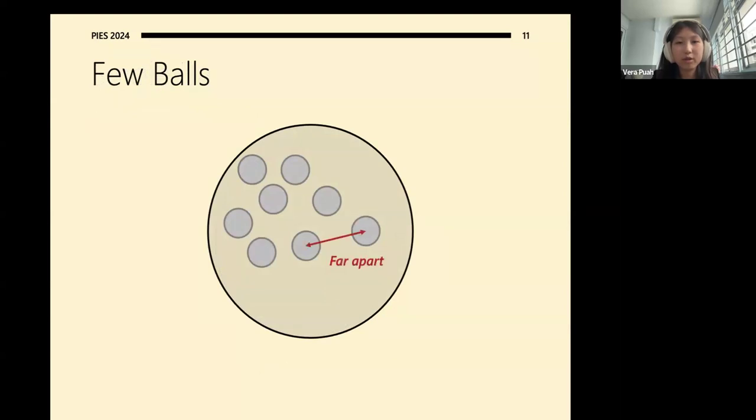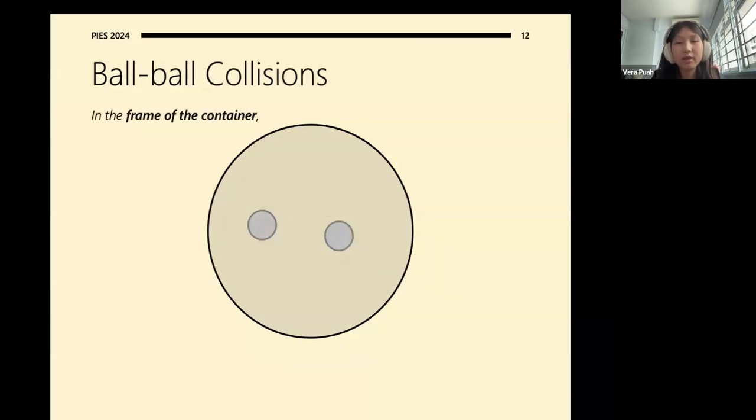And with a few balls, we notice that now there are interactions between these balls. However, the balls are quite far apart, so we can treat them as being analogous to a fluid. In the frame of the container, if we look at the ball-ball collisions, which is something new that we haven't looked at yet, we notice that the same thing about the momentum does apply here.